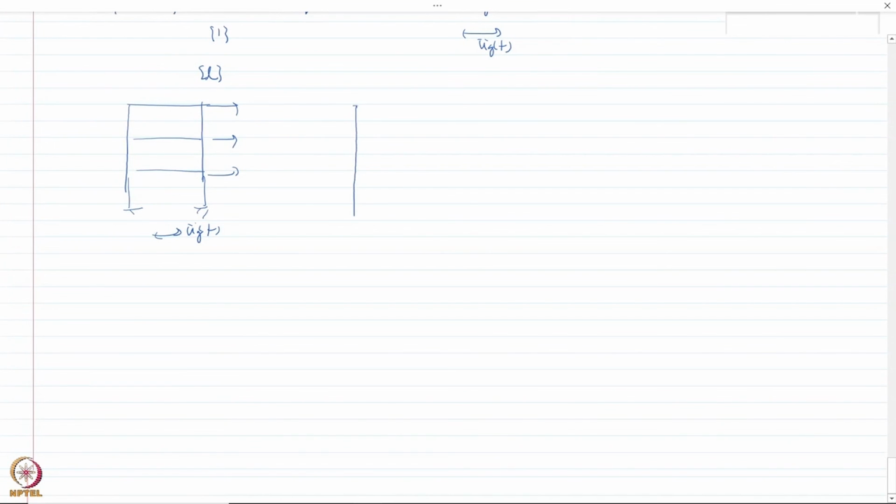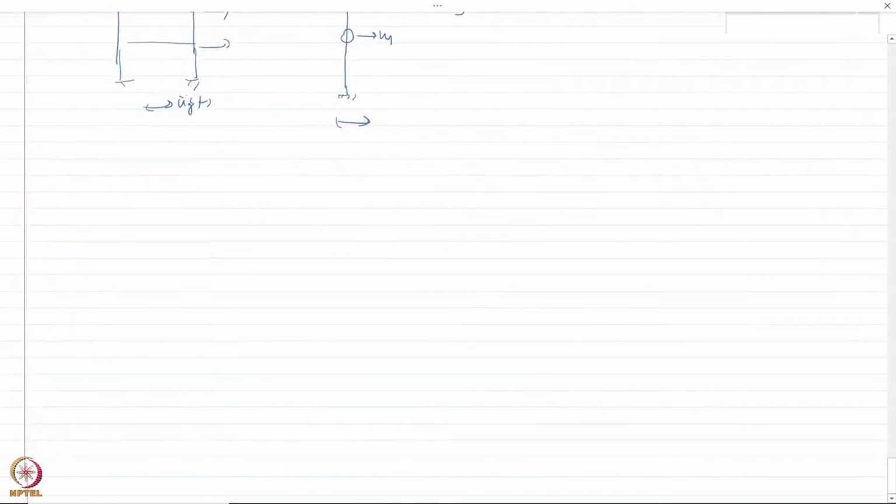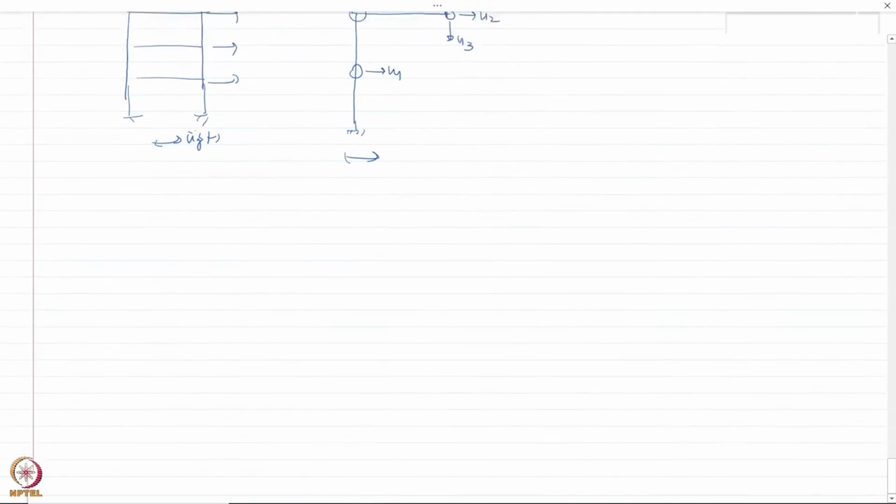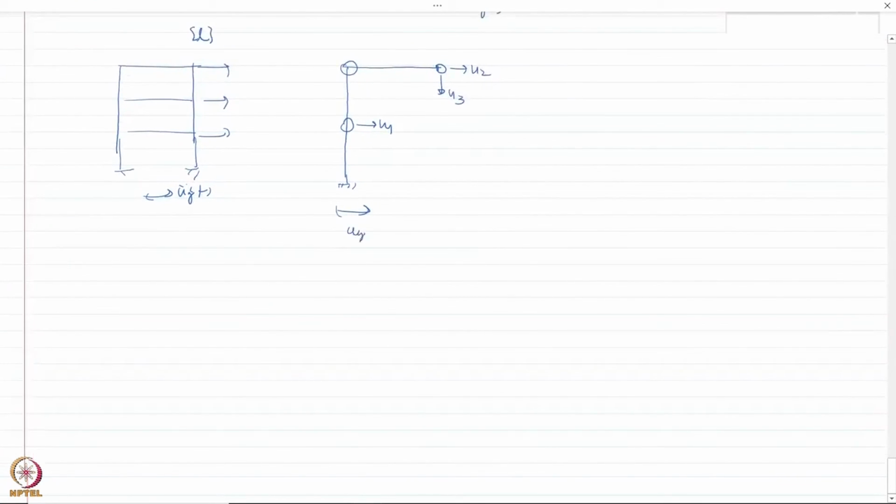in the second case, let us say we have something like this, where the masses are actually lumped and the degrees of freedom are defined like this: u1 in this direction, u2 in this direction, and then u3 in this direction. Let us say this is ug.